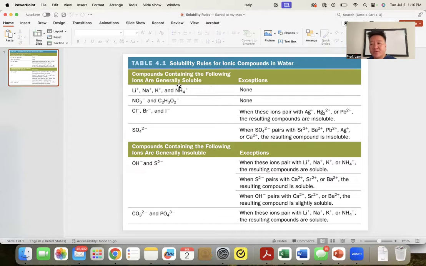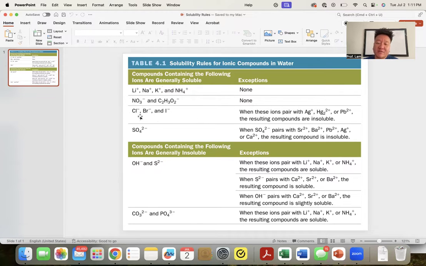But you also have to read the exception column. For these top two rows, you don't have any exception. So everything that contains lithium, sodium, potassium, ammonium, nitrate, and acetate ions is soluble in water.